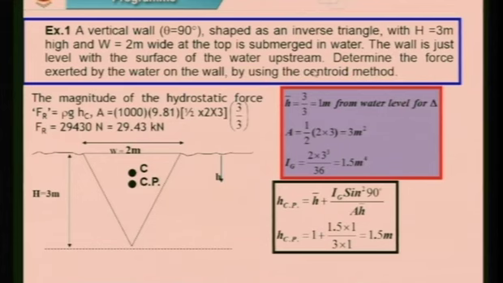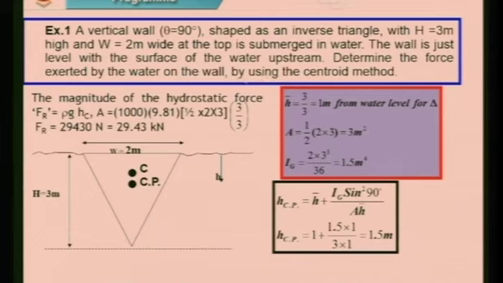Let us read the statement again. A vertical wall shaped as an inverse triangle with h equal to 3 meter high and w is 2 meter wide at the top, that is 2 meter here, is submerged in water. The wall is just level with the surface of the water upstream. Determine the force exerted by the water on the wall by using the centroid method.